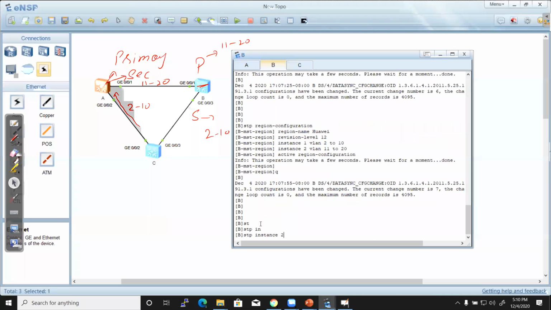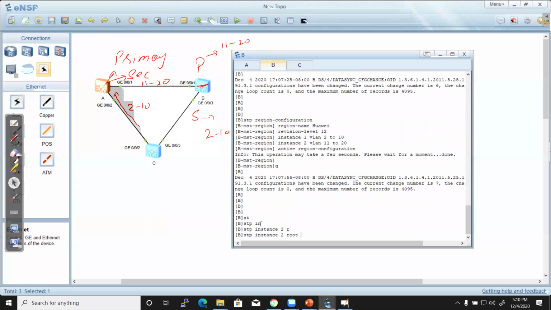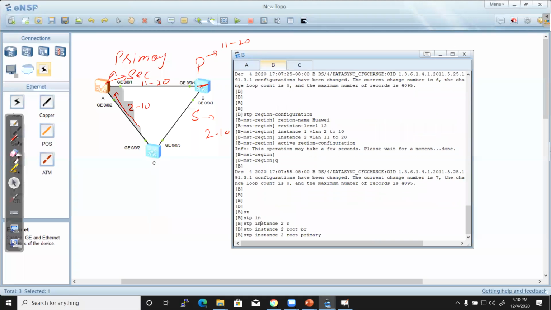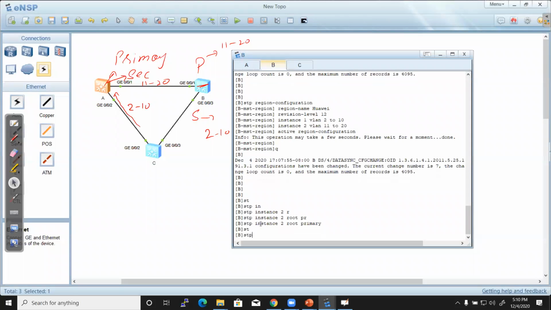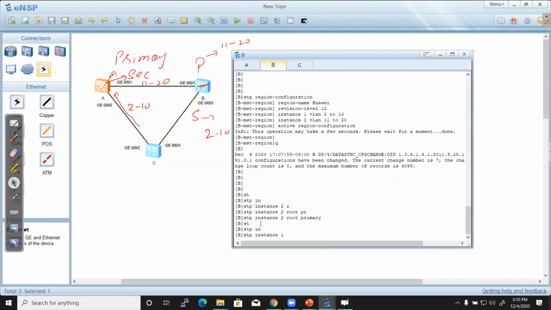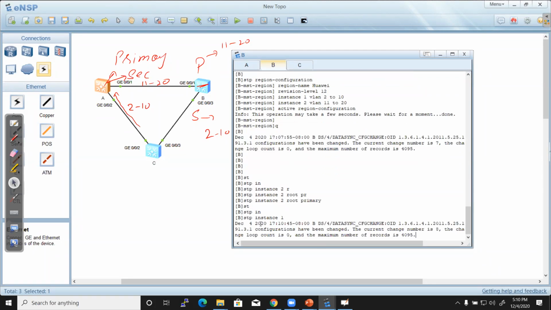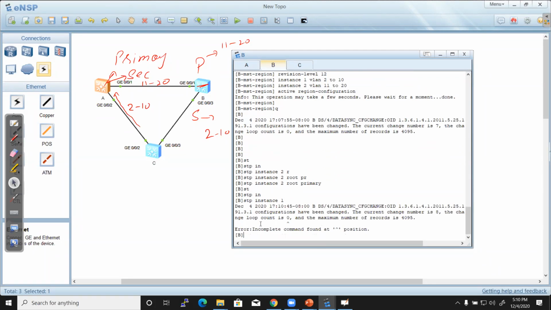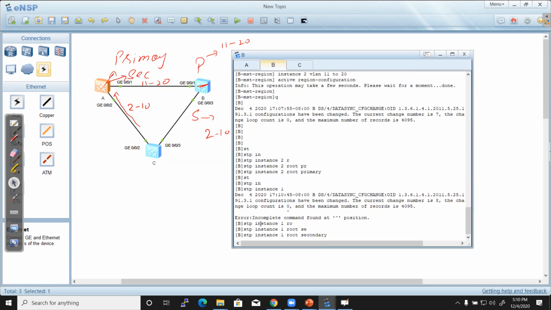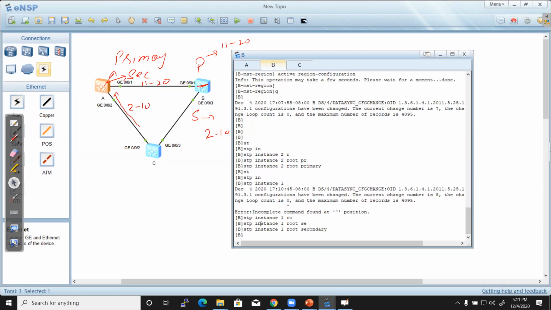I'm calling instance 2 first because I want it as primary for instance 2, for VLAN 11 to 20. And then I will say STP instance 1. Whenever I call instance 1, that means I'm calling VLAN 2 to 10, and I will set this switch as a root secondary for those VLANs. And guys, that's it. Now you can perform the load balancing.